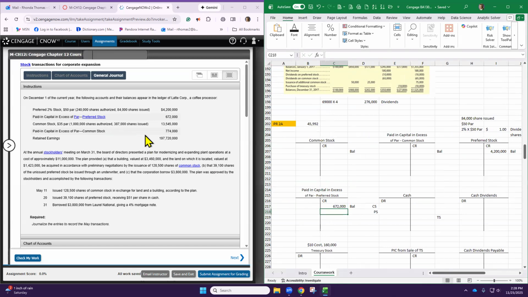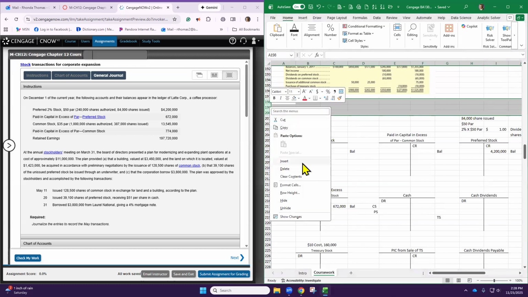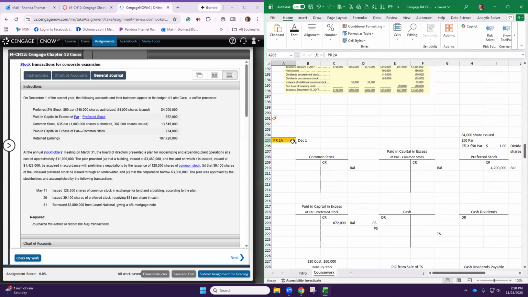Now let's look at common stock. Common stock usually doesn't have so much information about it. Once again, this is December 1st. So sometimes you got to have a place to put notes down so that you don't forget what's going on.